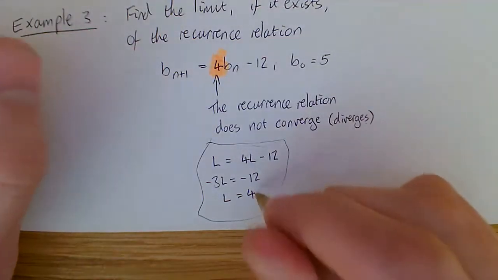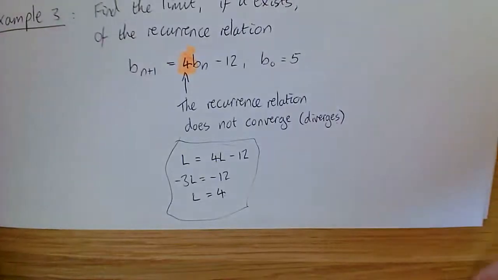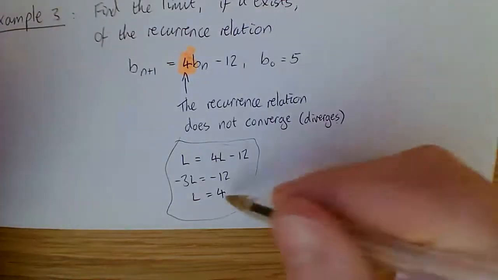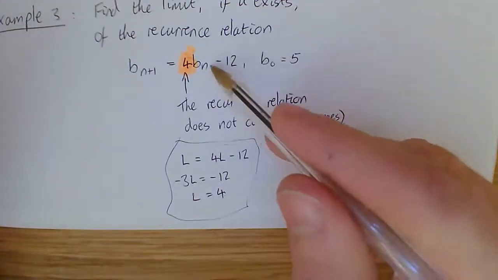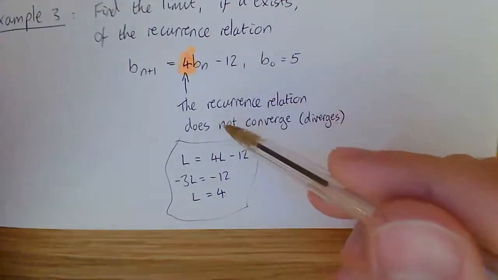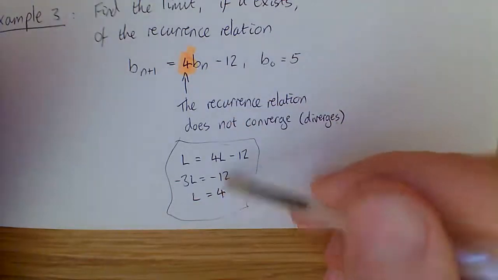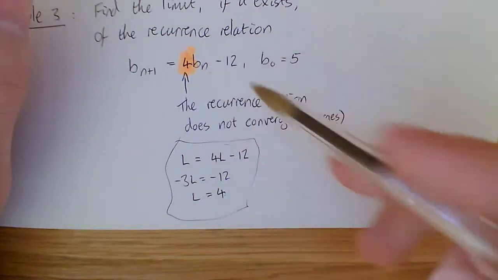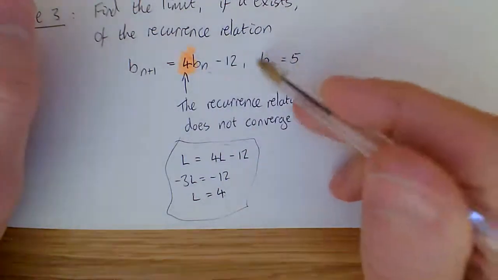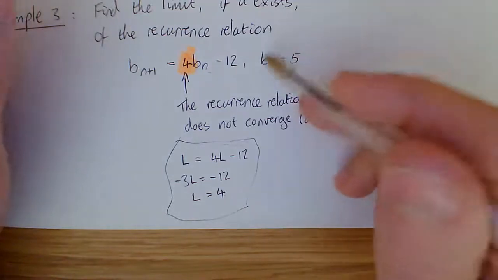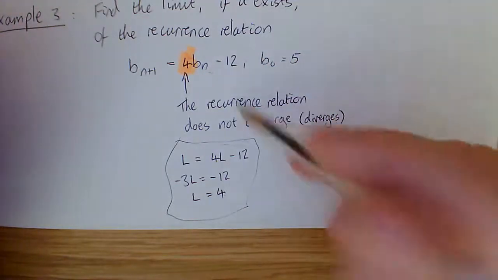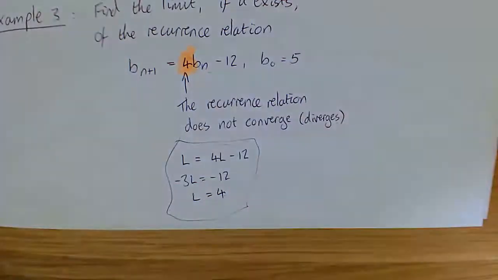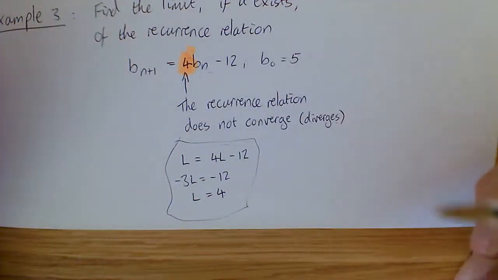This bit of maths here is actually telling us about something you don't technically need to know about, called the stationary value of the recurrence relation, or an equilibrium value. So if I put 4 in, I will get 4 out and we'll get stuck at 4. But for any other starting value that I could possibly put in, this recurrence relation will get bigger and bigger, or smaller and smaller if you put negatives in to start with.